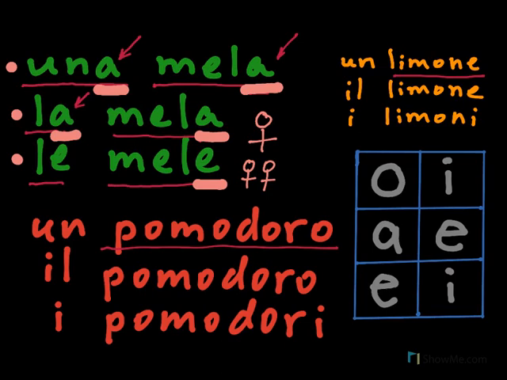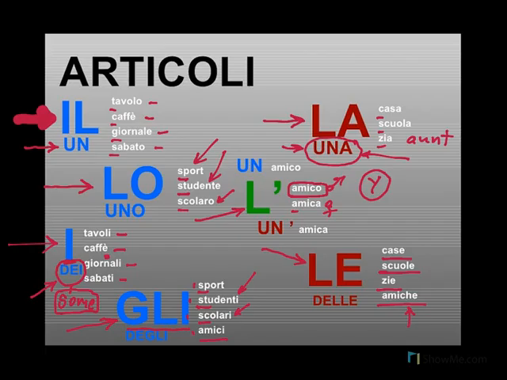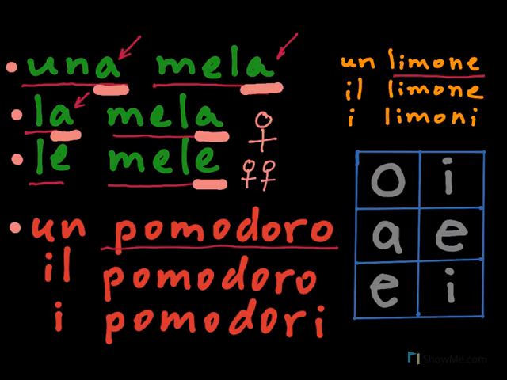All right, let's take a look at the next word. You have here un pomodoro. Un pomodoro will be a tomato. And you go back here and you see, you have here un right here, and you see that it is the indefinite article, un pomodoro. Un pomodoro, a tomato. And then you need to put the definite article and you say il pomodoro. Why is it il? Because it starts with a singular consonant.